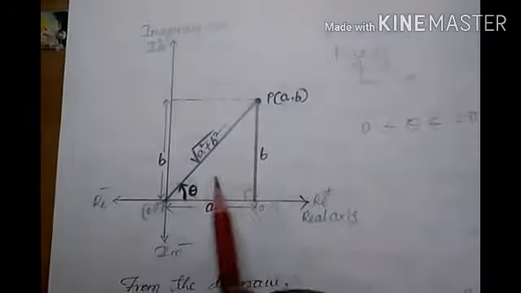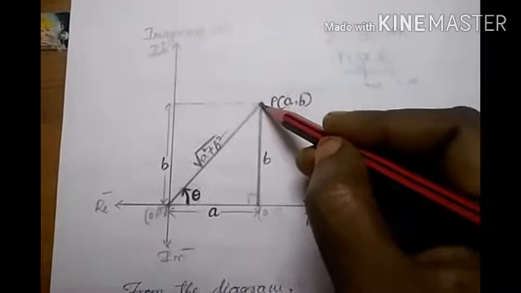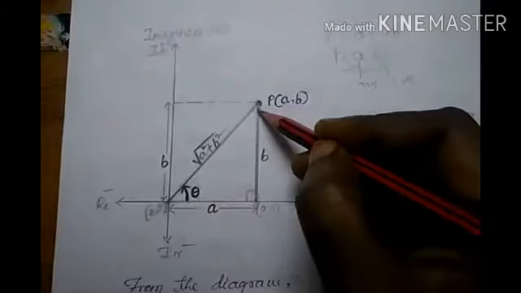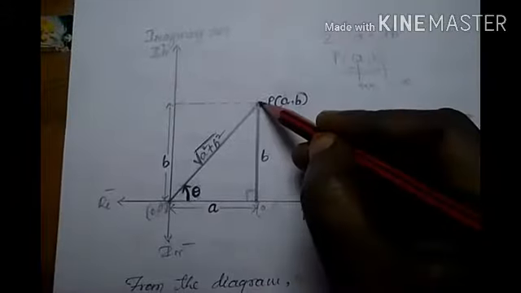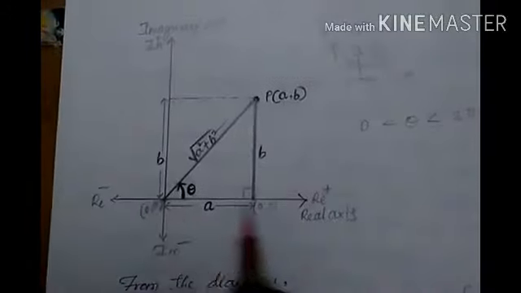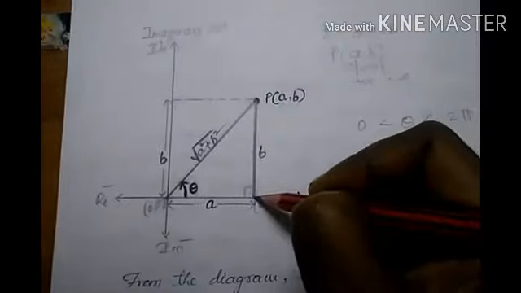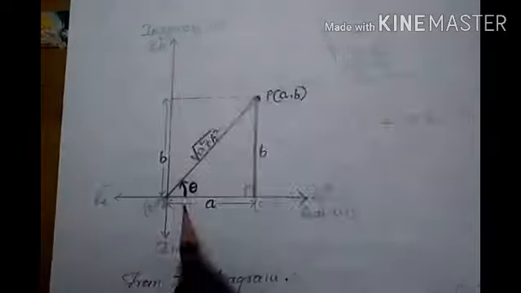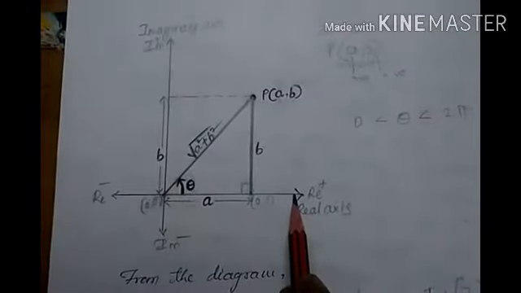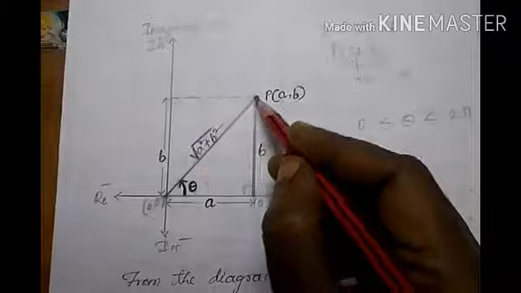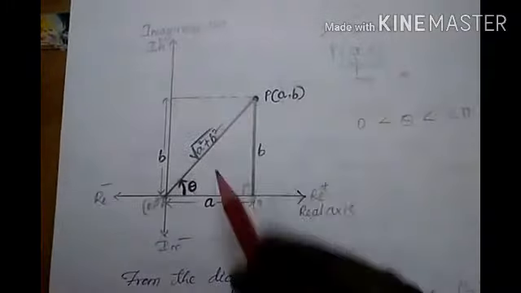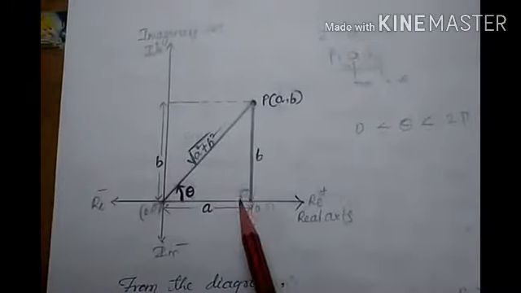Now, let us observe the diagram. If you draw a perpendicular from P to the real axis, this makes a right angle triangle.